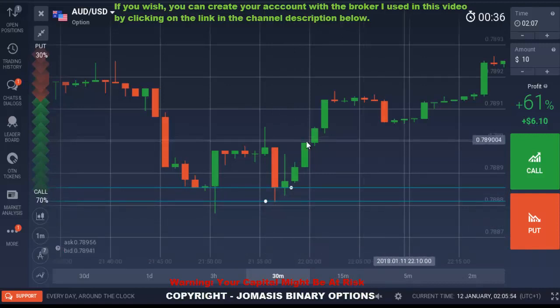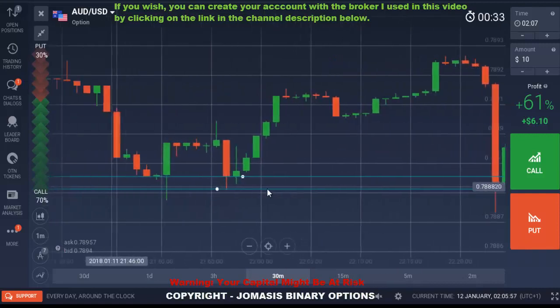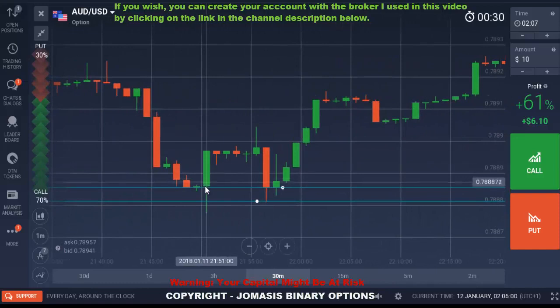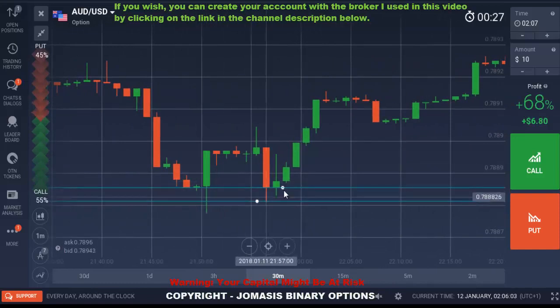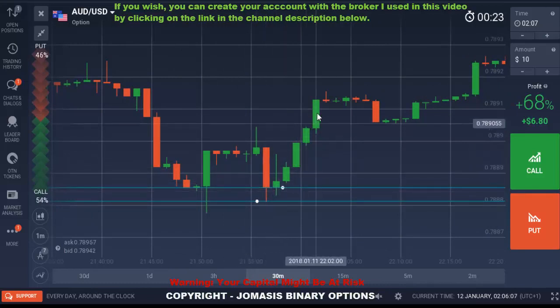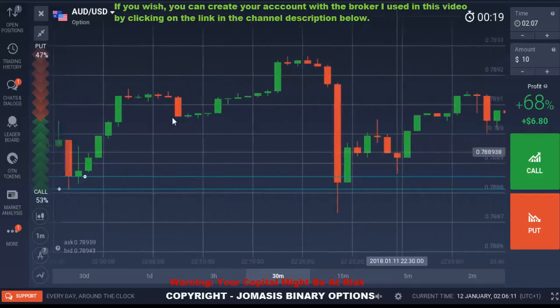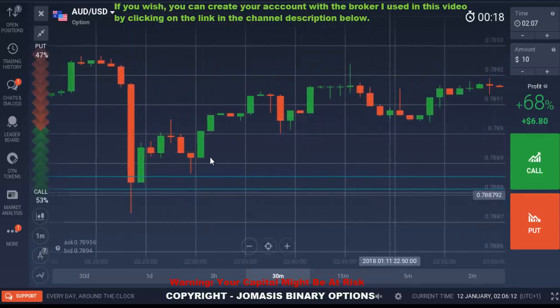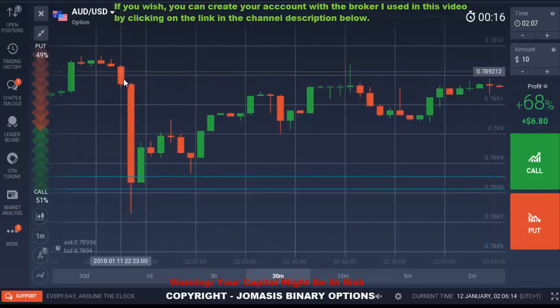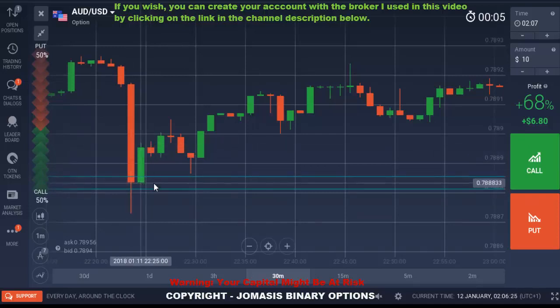Now let's go and check. This market was coming down, and here is our support area. When the market hit this support area, it bounced back and started going up again. Then the market came down again to our support level, and it went back up from the same support area.